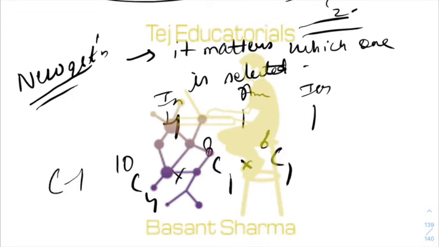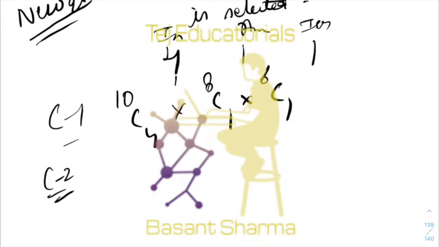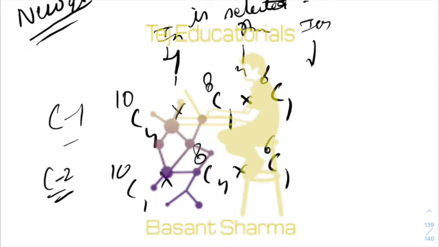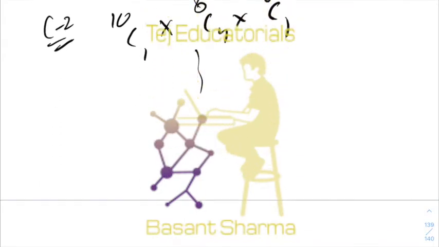That will be your case 1. Then case 2 will be, let's say, 1, 4, 1. So this will be 10C1 × 8C4 × 6C1 and so on. And then you can add all those and you will get your answer.